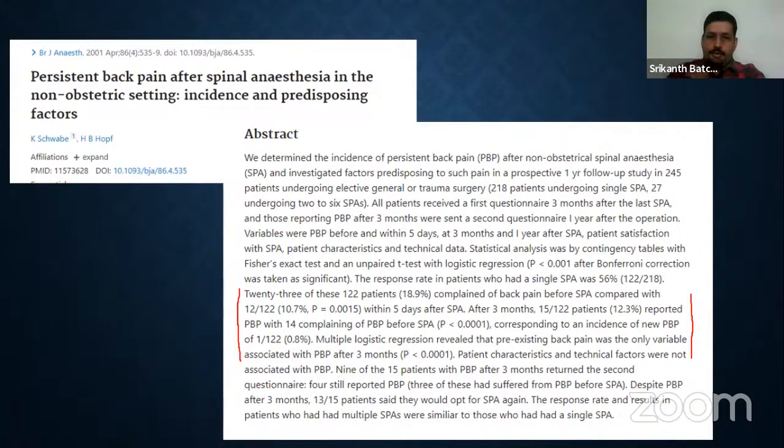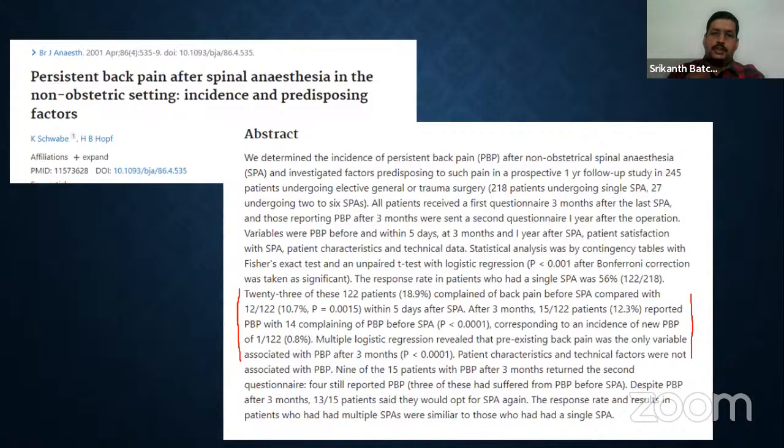After 3 months, 15 out of 122 patients, which accounts for 12.3%, reported persistent back pain, with 14 of them having had back pain before spinal anesthesia. So at the 3 month follow-up, they observed only one new incidence of low back pain, and out of the 15 patients complaining of back pain, 14 already had back pain before the spinal anesthesia.